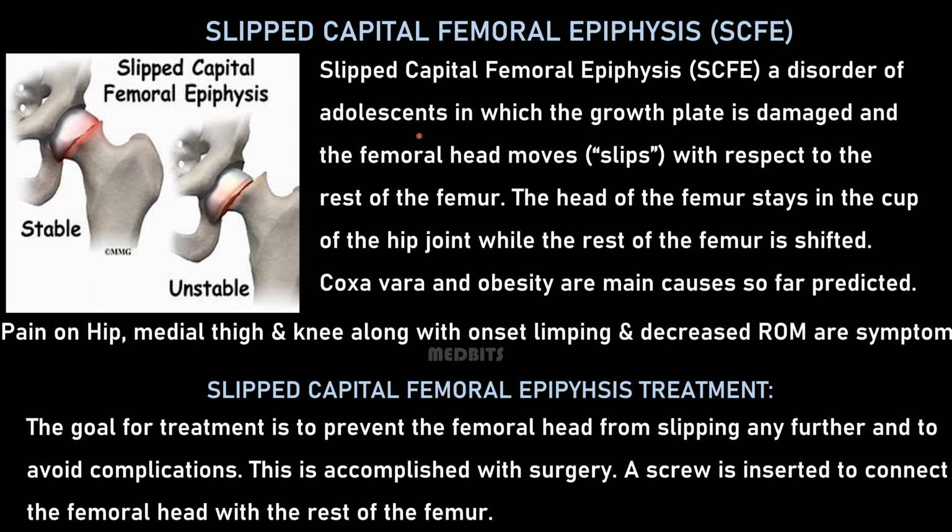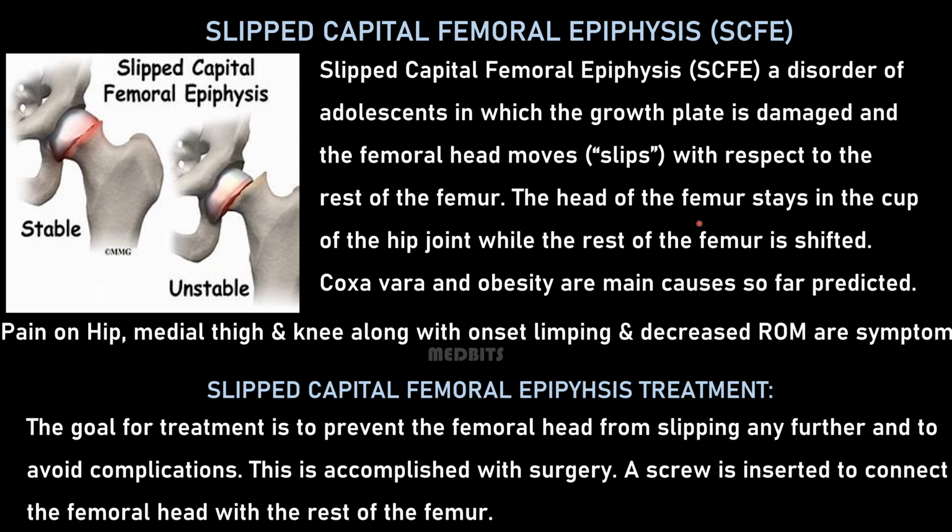Slipped capital femoral epiphysis, or SCFE, is a disorder of adolescence in which the growth plate is damaged and the femoral head moves with respect to the rest of the femur.